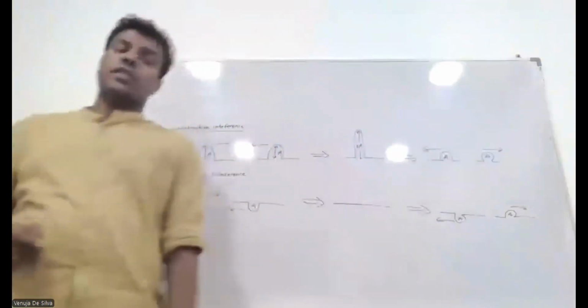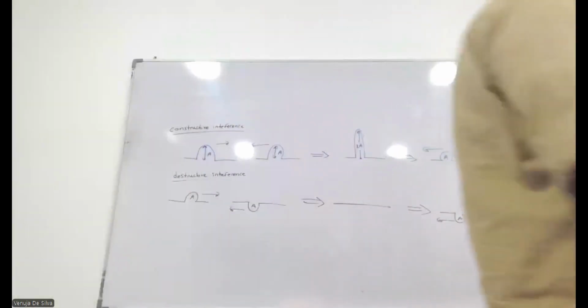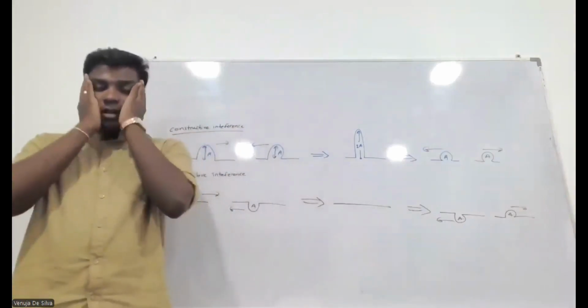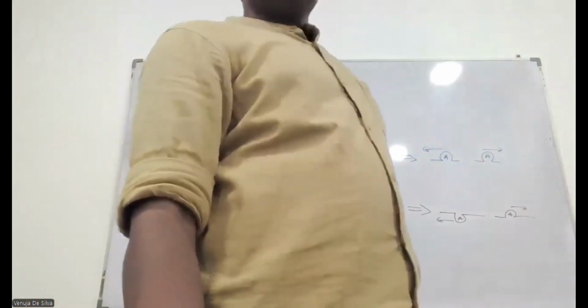Right? What do you write down? When waves interfere and combine, they do so according to the principle of superposition. Right? Okay. Now, what is this principle of superposition?